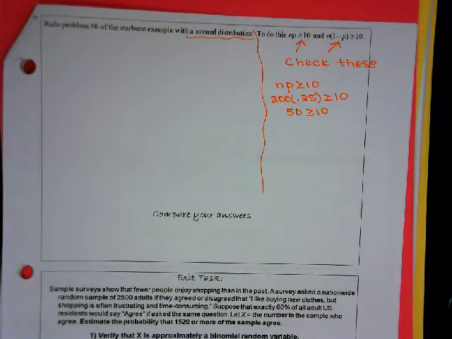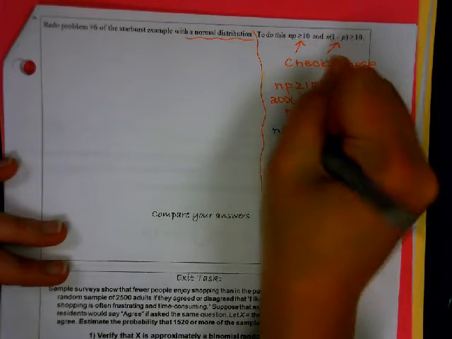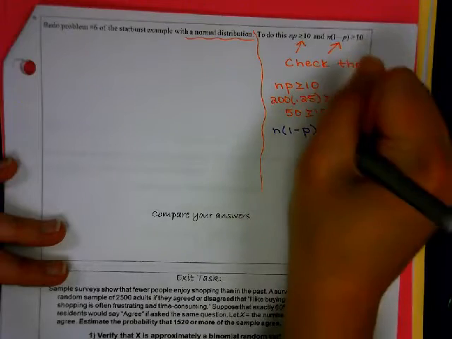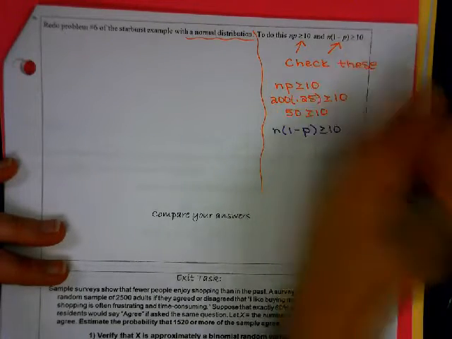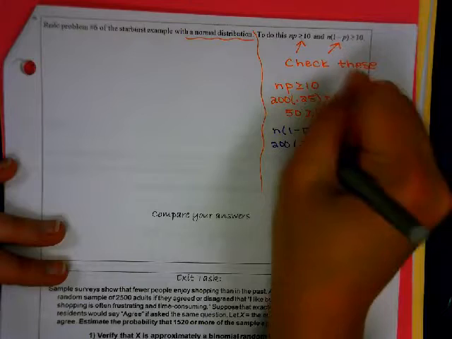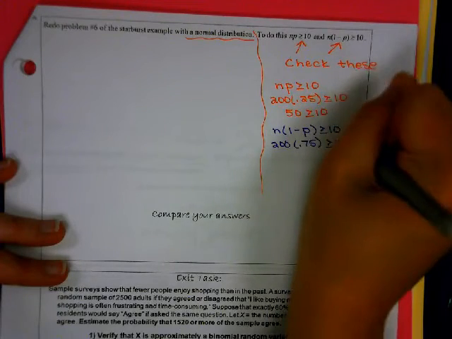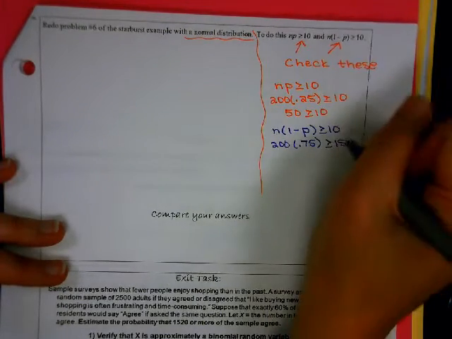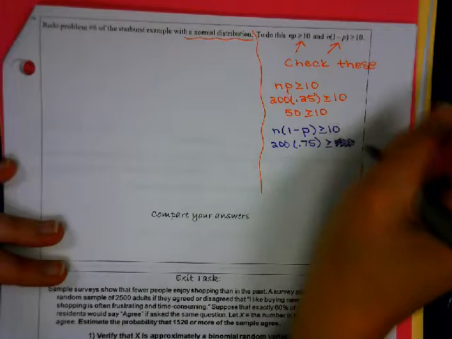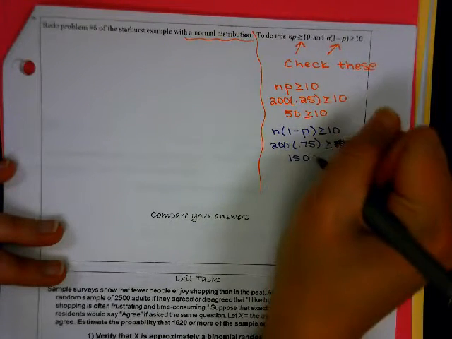So 200 times 0.75, which would be 150. Sorry, I said 10, I meant 150. 150 is greater than or equal to 10. So those two things are met, and we can use a normal approximation.